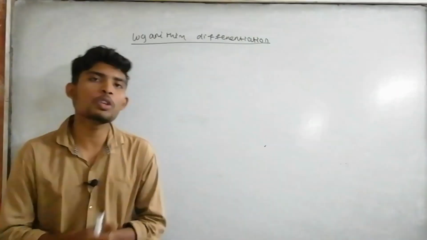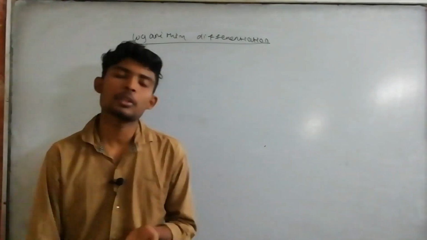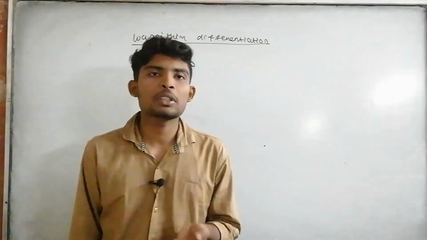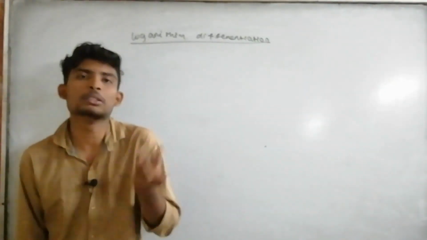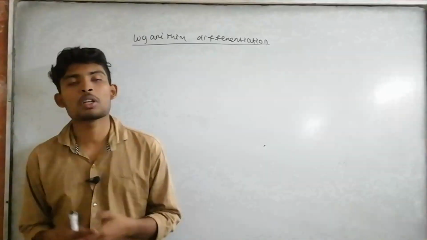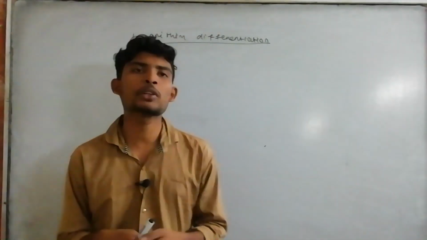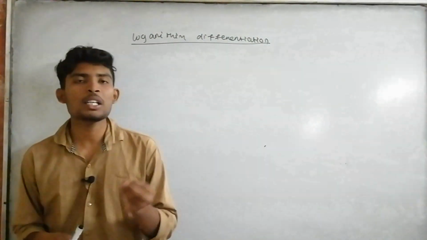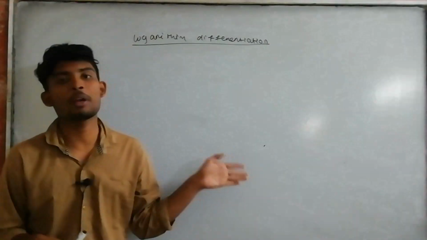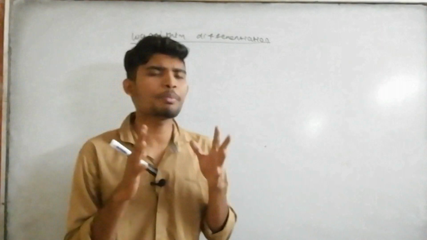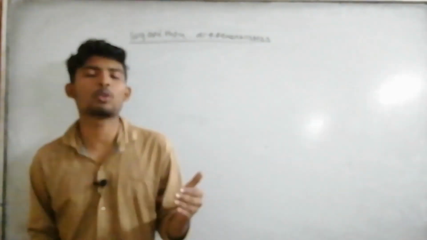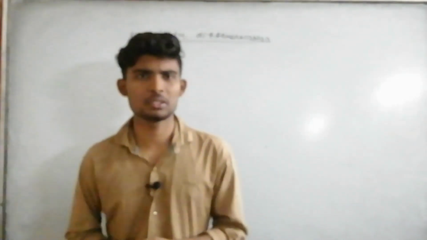But if you use the logarithm, then the problem is very simple and easy to solve. If you use the other methods that I mentioned before, it takes much more time. But if you use logarithm, it is very simple to find the derivative and very easy to solve.